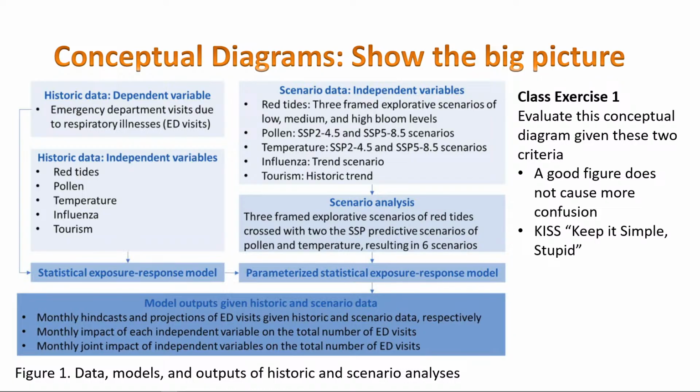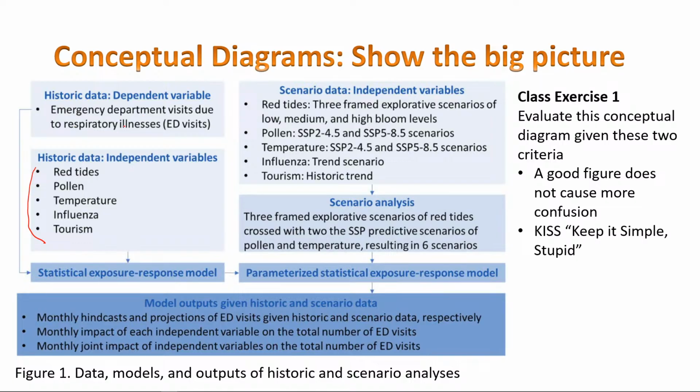I want you to provide your evaluation regardless of my evaluation or what I'm showing here. So in this thing, people go to the emergency department for respiratory illnesses, and these would be the different factors that cause those people to go.